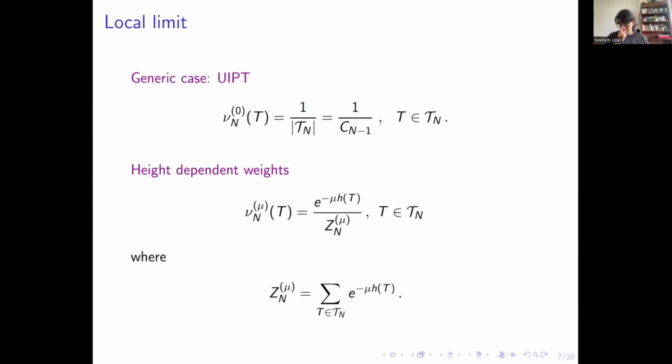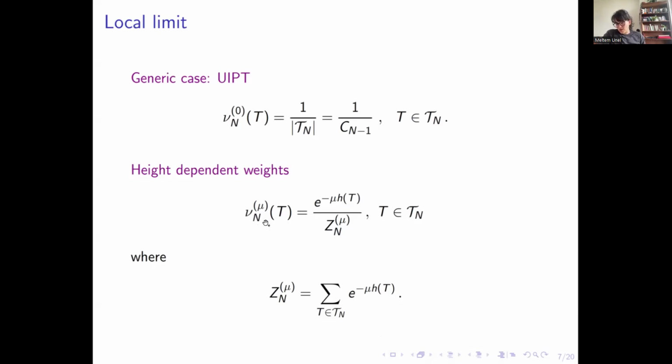Mu is a real constant. It can be negative or positive, but I will focus on the positive case. So this is the case where I penalize the trees that grow higher and higher. And of course, I have to renormalize by a renormalization factor to obtain a probability measure.